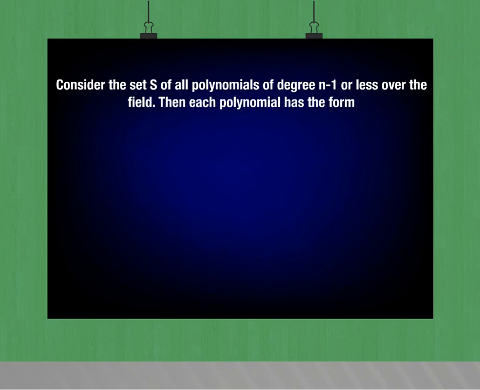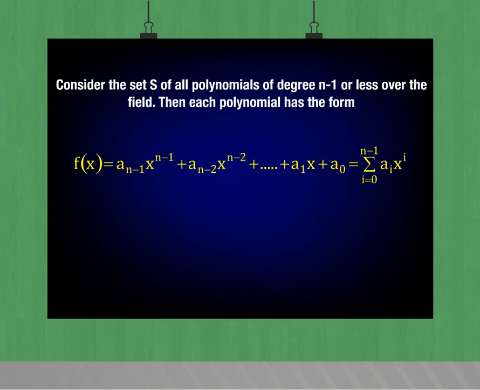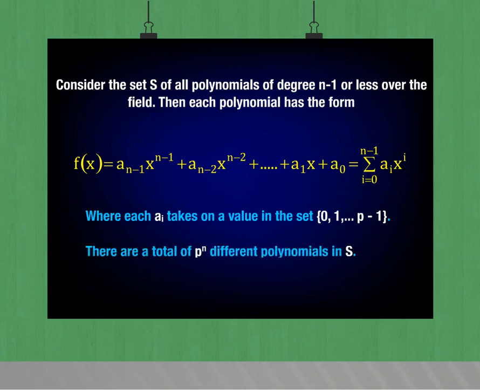Then each polynomial has the form f of x is equal to a n-1 into x power n-1 plus a n-2 into x power n-2 and so on up to a1 into x plus a0, is equal to summation of i is equal to 0 to n-1 of a i into x power i, where each a i takes on a value in the set 0, 1 and so on up to p-1. There are a total of p power n different polynomials in S.